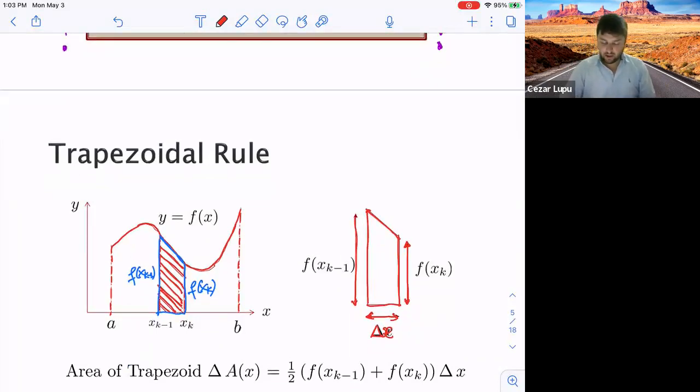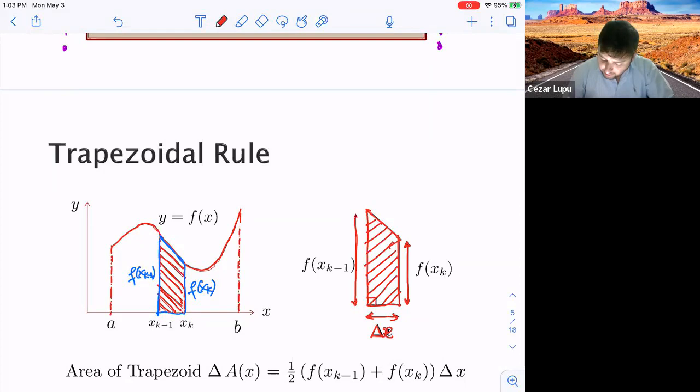If you look at this, the area of this trapezoid here, what is the usual area of a trapezoid? Do you remember that? It is 1/2, right? Times f of xk minus 1 plus f of xk, times delta x, which is the height.